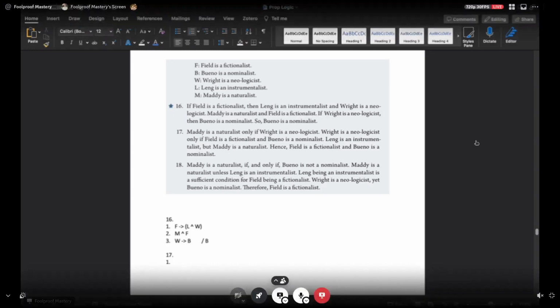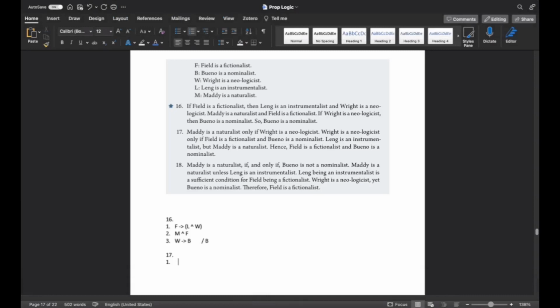Let me just think a few seconds. I'll write it out first how I'm thinking. And this one is tricky. So yeah, I just need a few seconds to think.